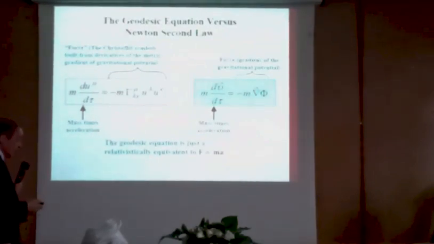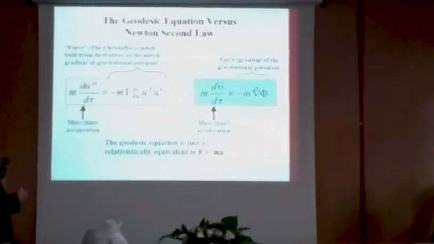Now let us compare the geodesic equation in general relativity to Newtonian mechanics. You can see here m multiplied by the derivative with respect to proper time, which is the acceleration. Here it is the same: mass times acceleration.